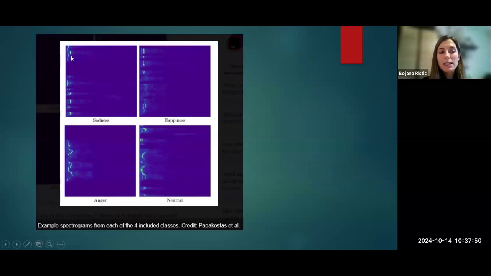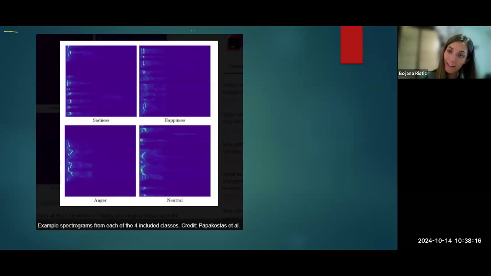So this is probably over a sentence or maybe averaged over the entire text. I don't know how much speech was exactly used for this spectrogram. But what they found is that different patterns of voice changes that give rise to these different spectrograms can be correlated with sadness, happiness, anger, and neutral, right?